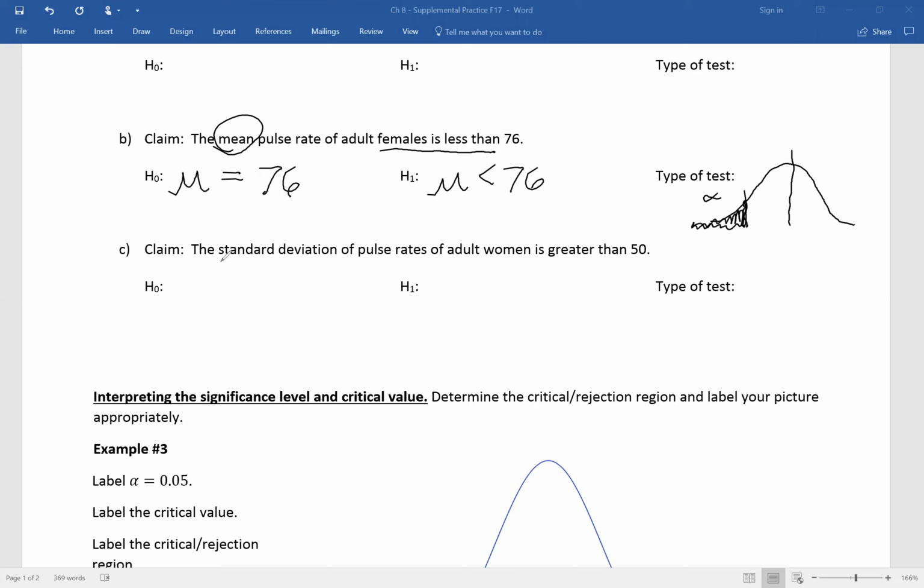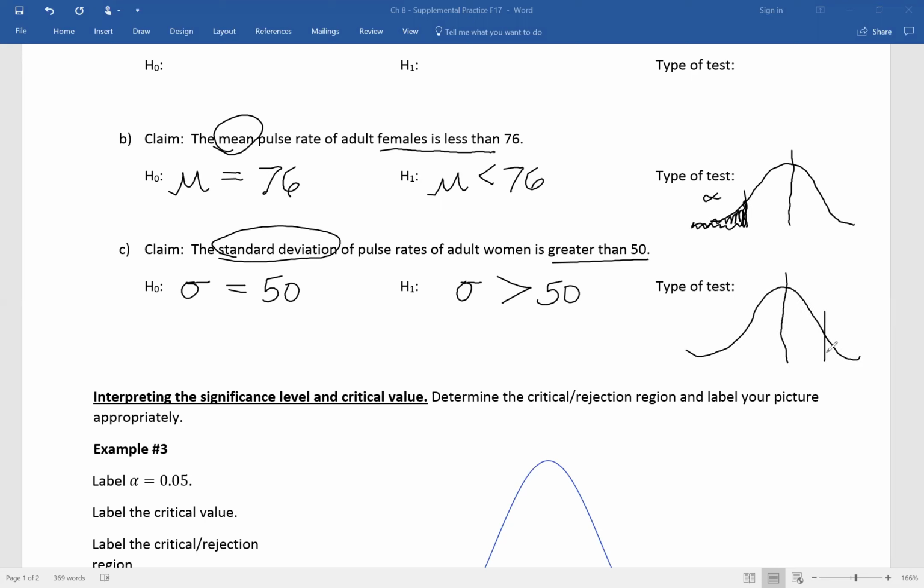The next one says that the standard deviation of pulse rates is greater than 50. So we'll use the symbol for standard deviation and set it equal to 50 for our null. For our alternative, we'll use greater than 50. And this is a right-tailed test.